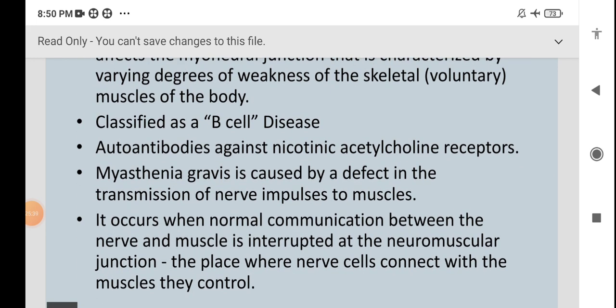Myasthenia gravis is caused by a defect in the transmission of nerve impulses to muscles. It occurs when normal communication between the nerve and muscle is interrupted at the neuromuscular junction, the place where nerve cells connect with the muscles they control.